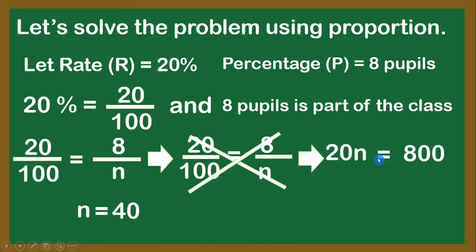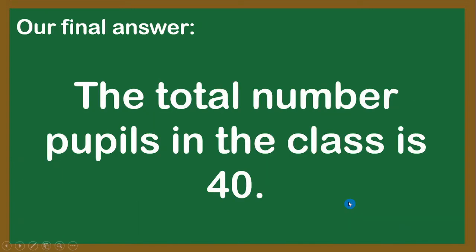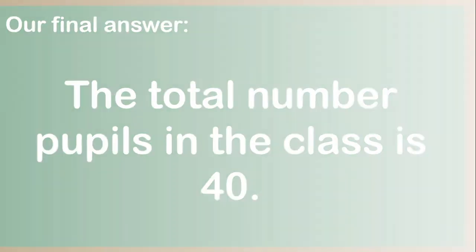Remember, this is the product of the means and the product of the extremes. So 20n divided by 20, we have n, and 800 divided by 20, we have 40. So n is equal to 40. Therefore, the base now is 40. The total number of pupils in the class is 40.